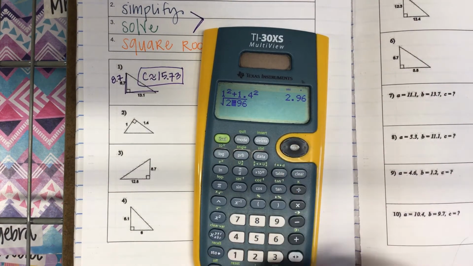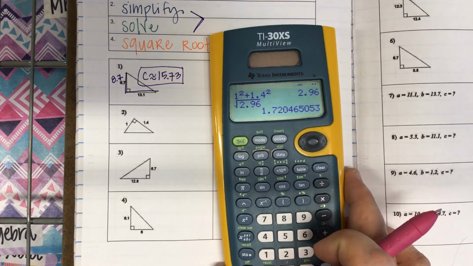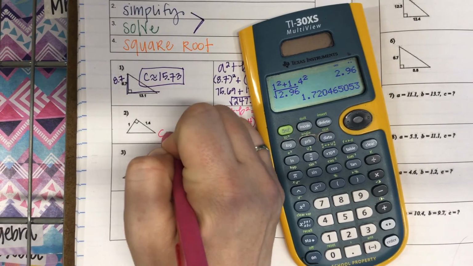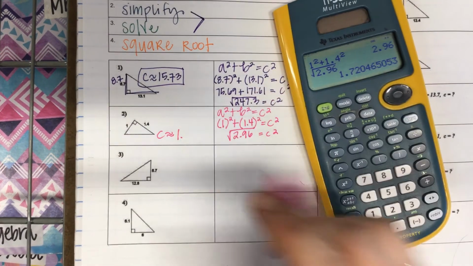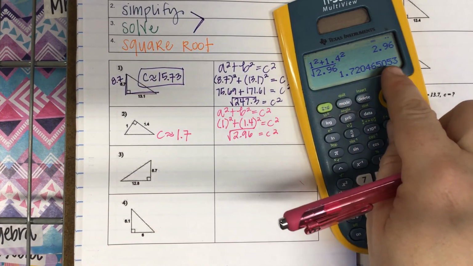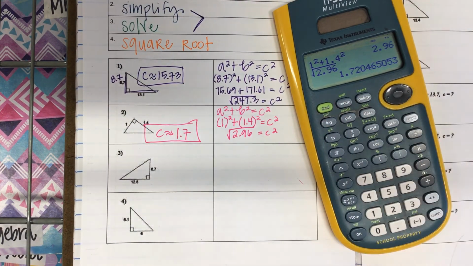Point. Let's do nearest tenth. What would C approximately be nearest tenth? 1.7. Tenth, one place, right? You have to pay attention to what they're asking you to round to.